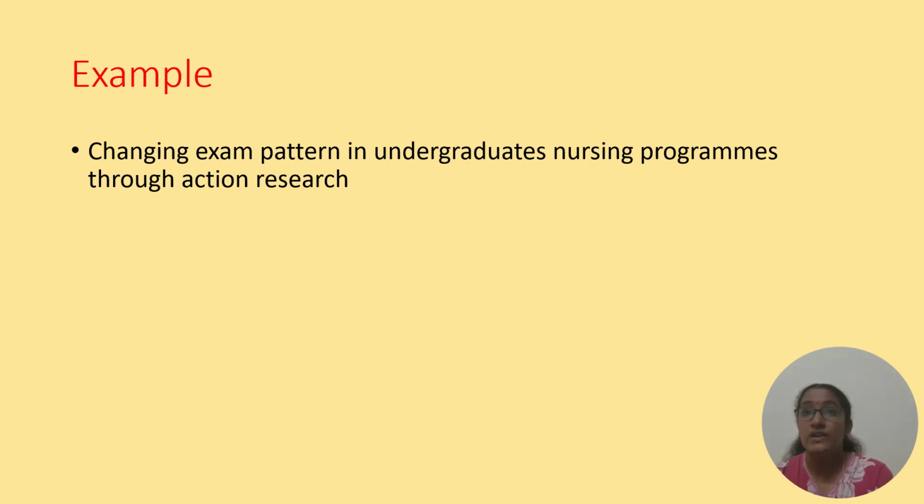You perform a study: students repeatedly have difficulty facing the exam, and their percentage is very low. So you identify that there was a problem in the exam pattern or question paper pattern. So you try to implement something, do it as action, learn from it, change it, and you create a change.